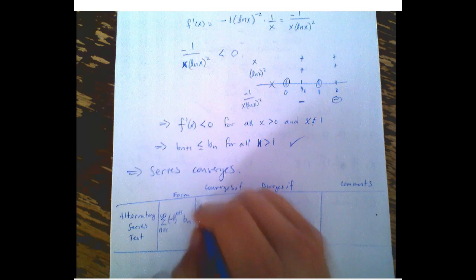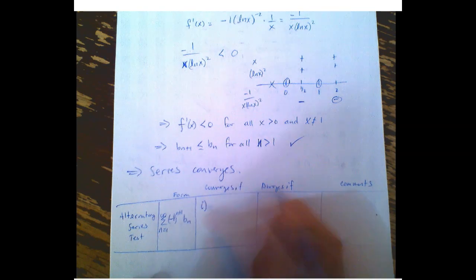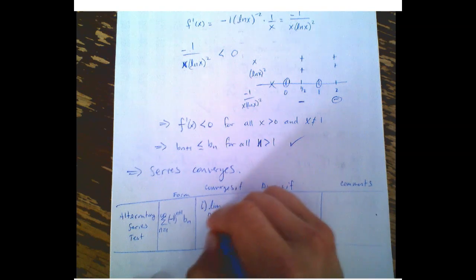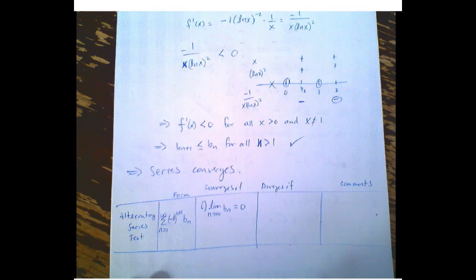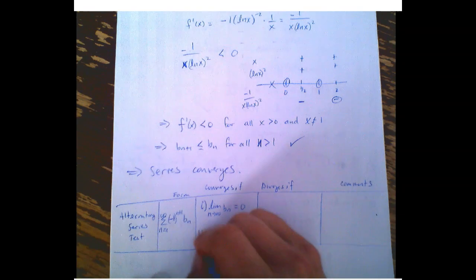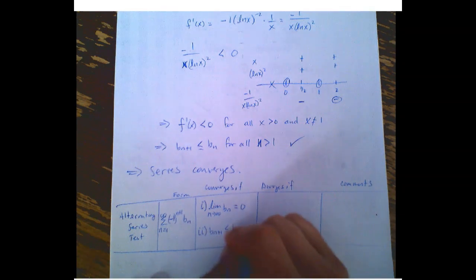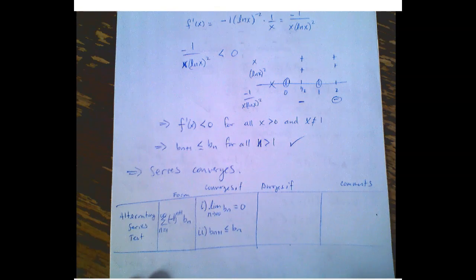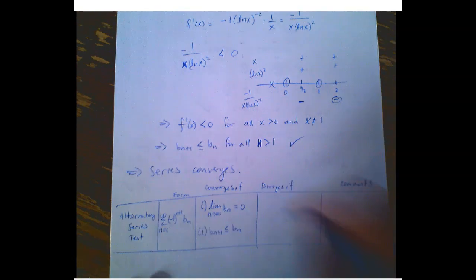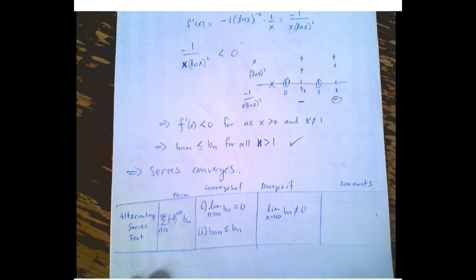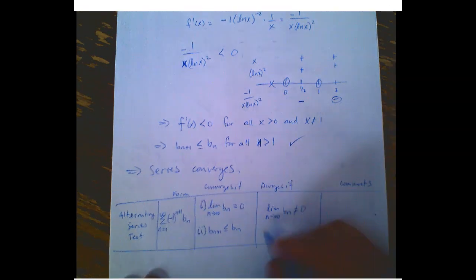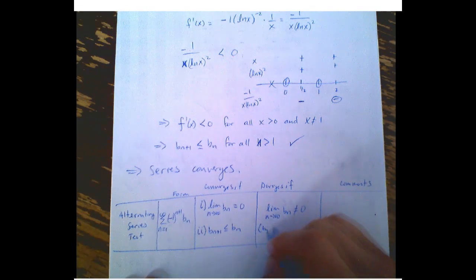Converges if both of the following are true. The limit as n goes to infinity of bn is 0, and bn plus 1 is always less than or equal to bn. Diverges if this limit is not 0. All right, we saw that. And technically, this is by the nth term test.